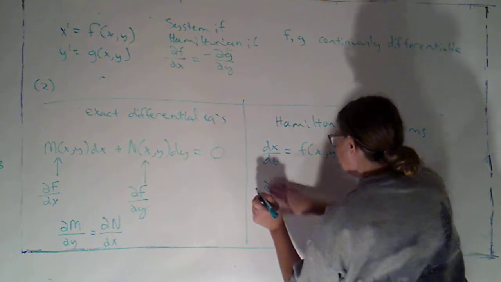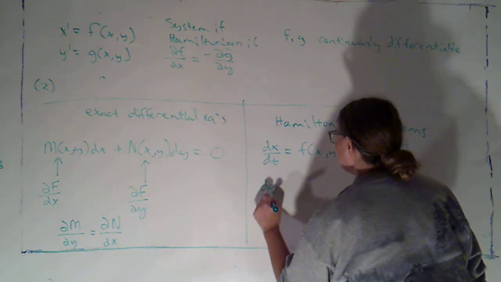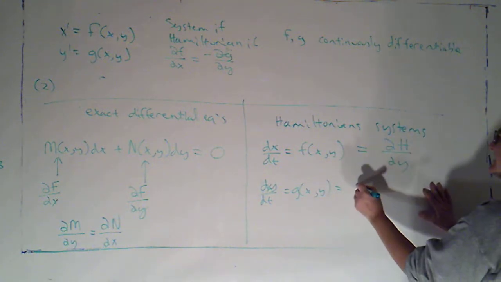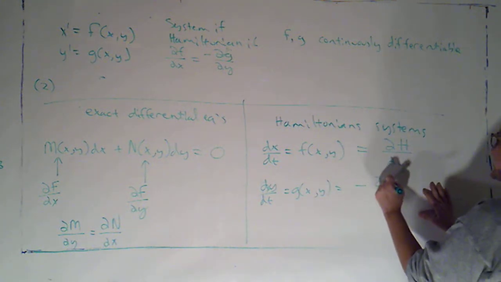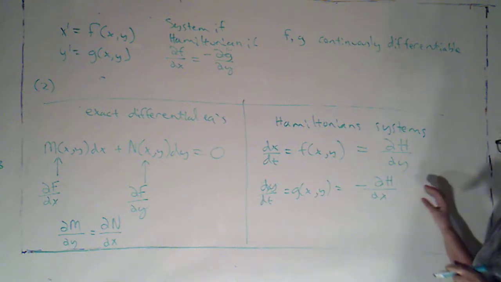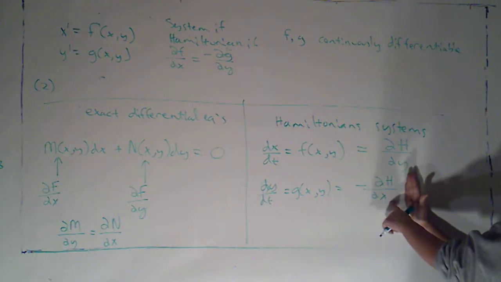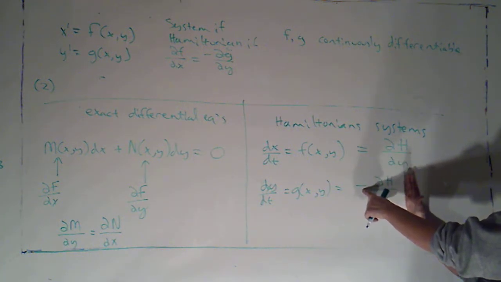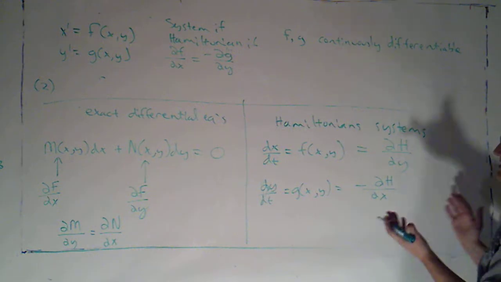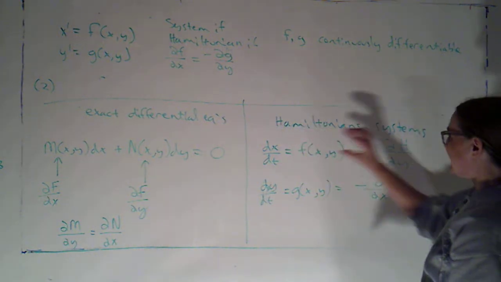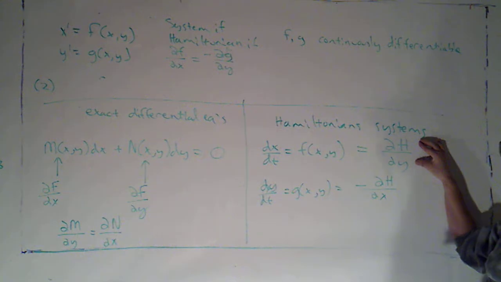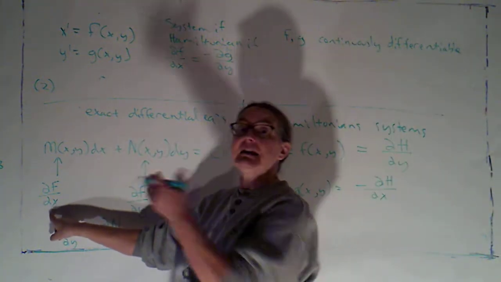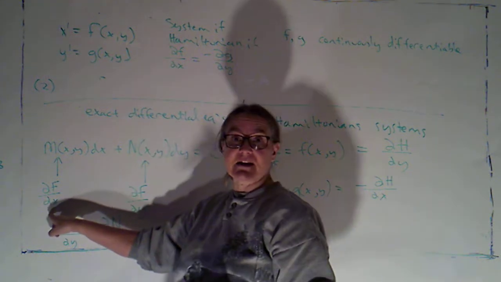And if we look at dy by dt, which we're calling g of xy, if it's Hamiltonian, that is the opposite of the partial of h with respect to x. So two important changes. One of them is a perfect match, one of them is the opposite of that. The other is that the one that we're associating with x is actually the partial with respect to y. Whereas over here, the function that's getting multiplied by dx is, if it's exact, the partial with respect to x.